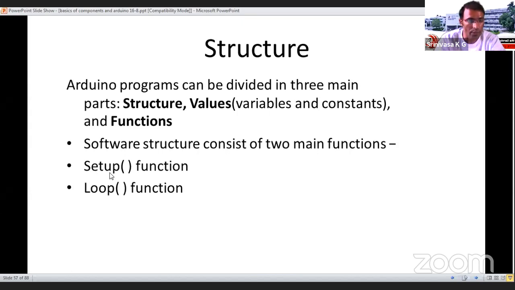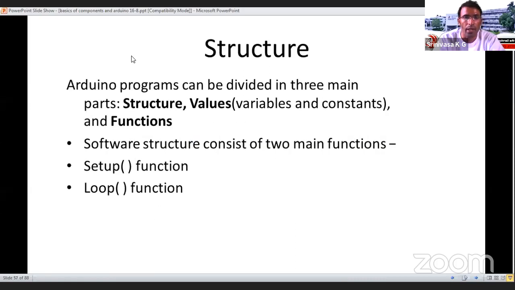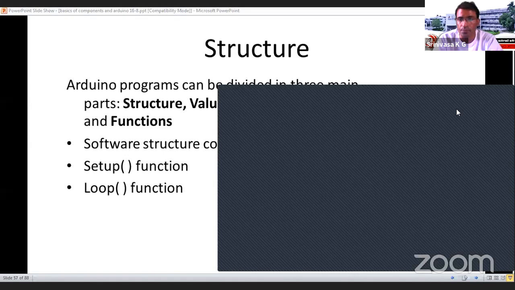Setup is an inbuilt function in the Arduino microcontroller, and loop is also a function. Void means that for any function we write, there will be no return. No value will be returned from a void function. We will discuss in detail how to write a program, but before that we are going to discuss programming and how we can use it for our applications.